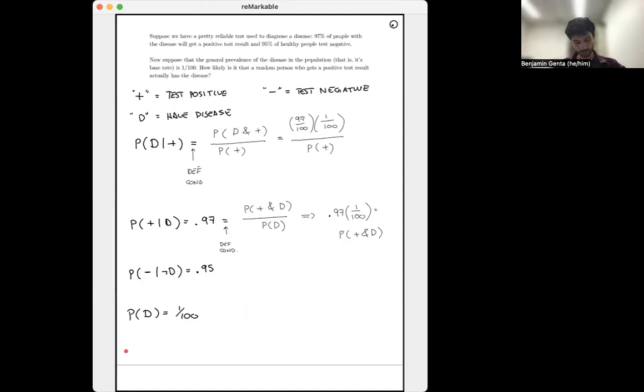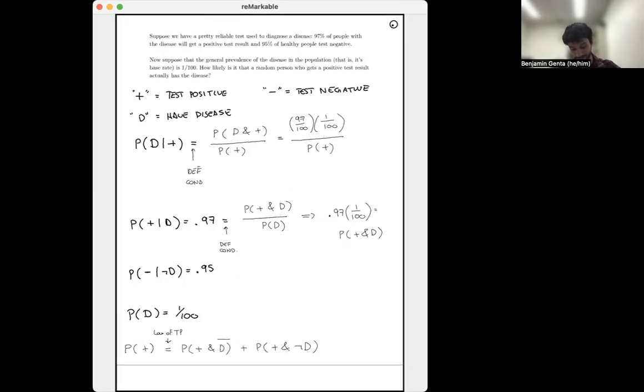Okay, so the probability of testing positive, note, you can find by the law of total probability, so I'll give you a second to think what it will be. Well, it's just the probability that you test positive and you have the disease, plus the probability that you test positive and you do not have the disease and you're healthy.